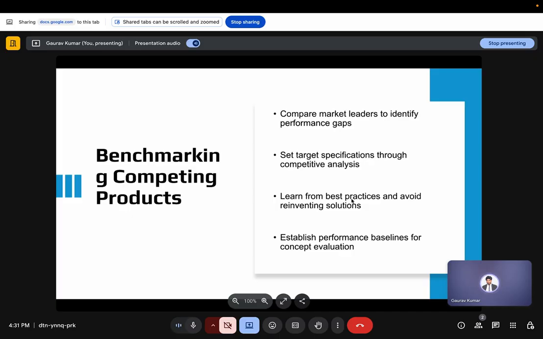So benchmarking becomes a guardrail in concept selection and later tests. They also support the positioning and value proposition. Thus benchmarking prevents reinvention while sharpening differentiation.